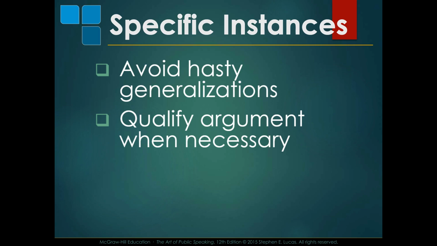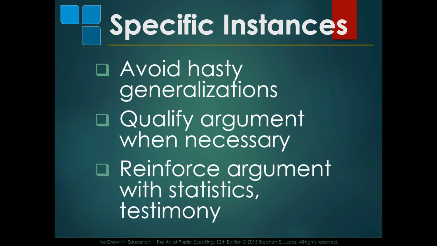Obviously, if your PE class is varsity football, it's going to be a very different experience. And then you reinforce the argument with statistics and testimony that helps to back up and show that I have my 3 instances that I have personal experience over, but there's also statistical backup for my generalization here.